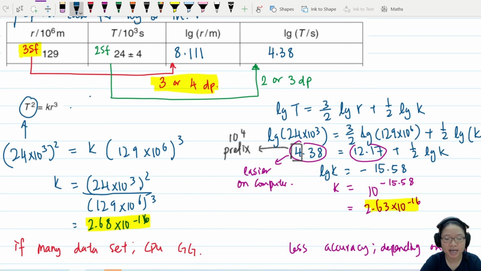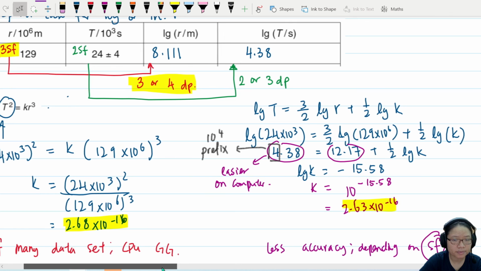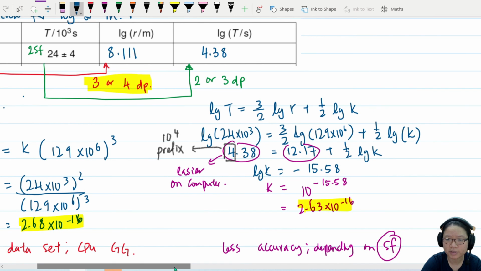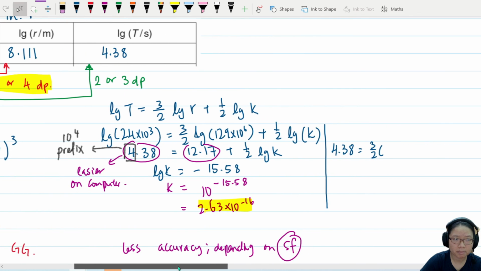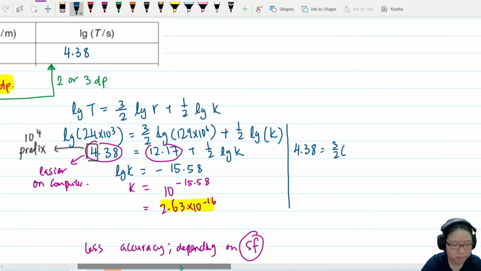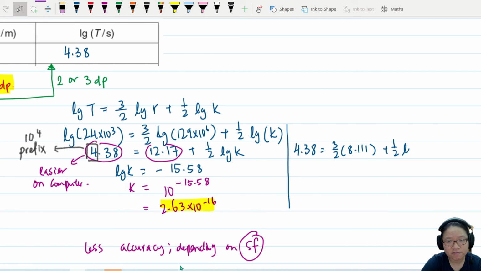So let's say I increase the SF for this one, I put 8.111. Okay, let me change this one. So I write an alternate line here. If I take the correct SF, it should be 4.38 is equal to 3 over 2 times 8.111 plus half log K. All right. So this one, I'm going to quickly press in my calculator.